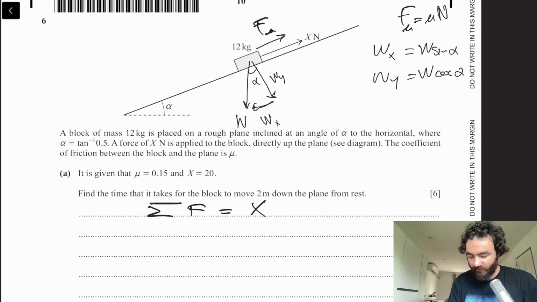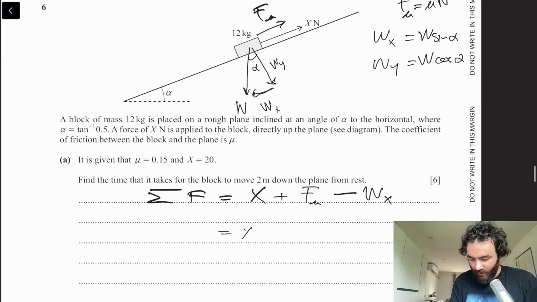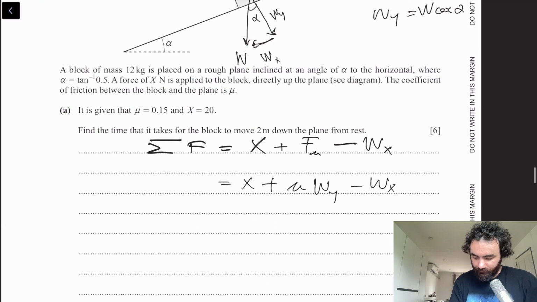We'll take up the slope as positive. So x plus f of mu minus Wx. And this thing is x plus f of mu is mu, normal force is this Wy, minus Wx.